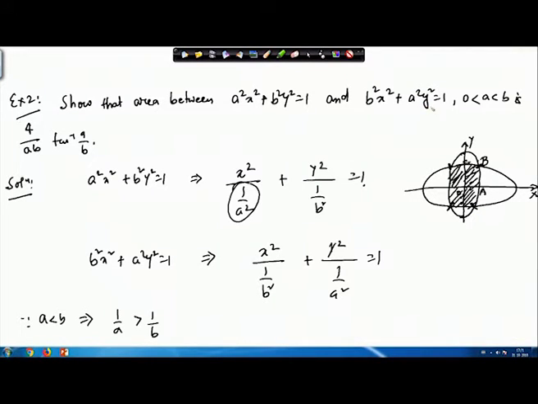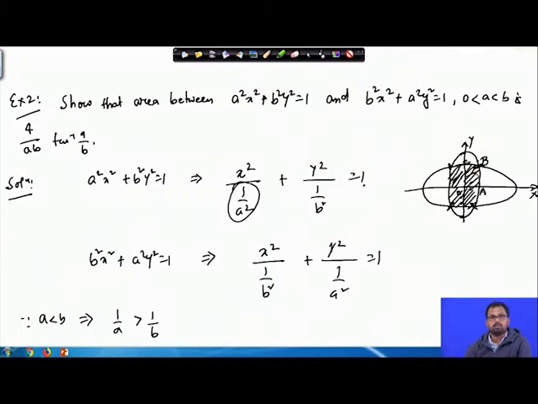Similarly, for each value of y we get 2 values of x, and then we basically have 4 combinations. So x and y both positive, x negative and y positive, x and y both negative, and then x positive and y negative. So we will basically get 4 different types of combination here. That means 4 different points of intersection.